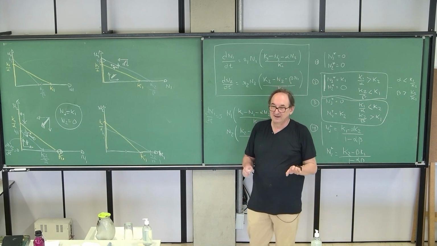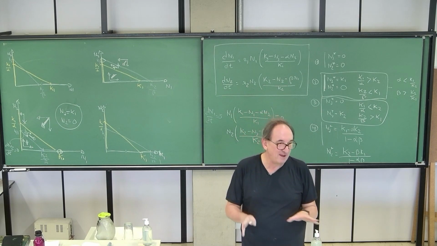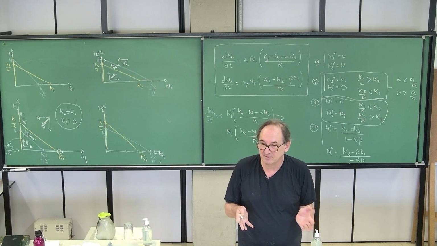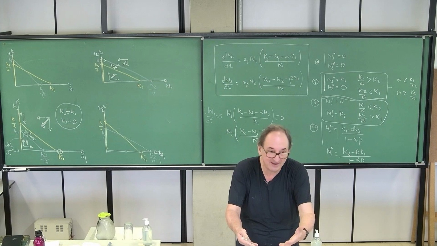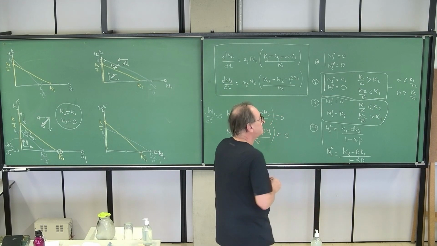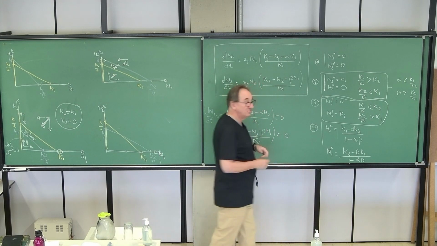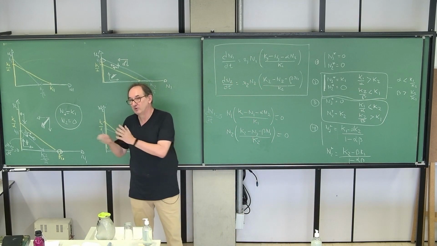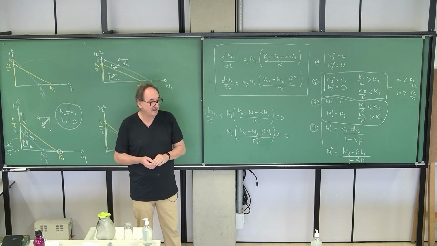Therefore, it is natural to think that the best competitor is n1, because it has a stronger effect on population 2 than population n2 has on n1.